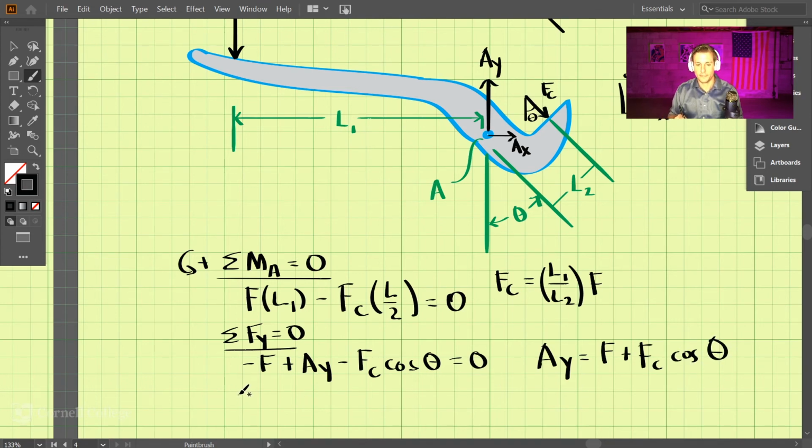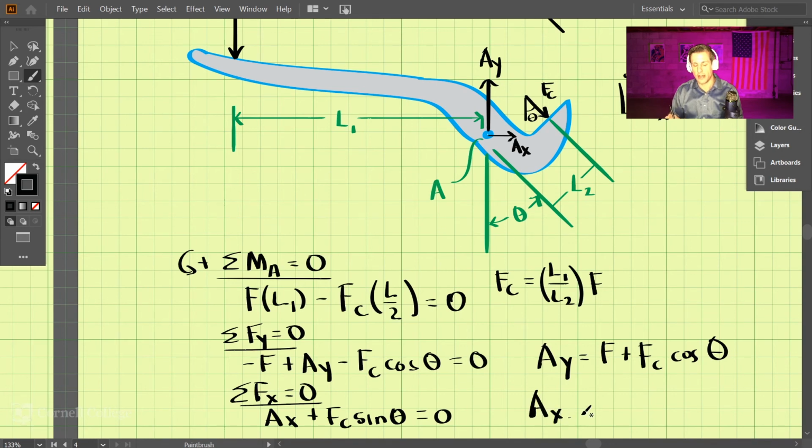Additionally, we can take the sum of the forces in the x direction and set those equal to 0. And there we have AX, and then we have plus FC, and this time it will be sine theta, the component in the x direction, set to 0.